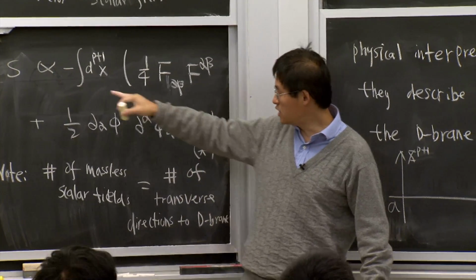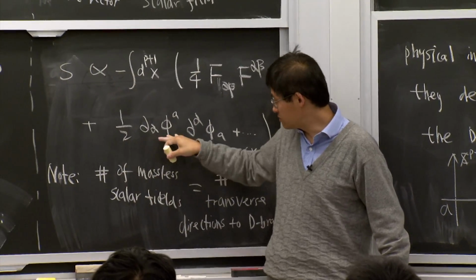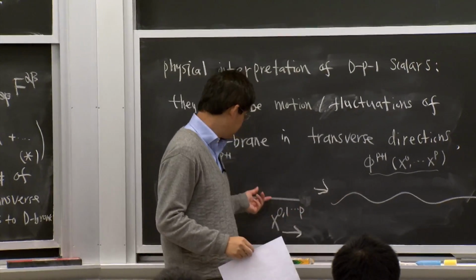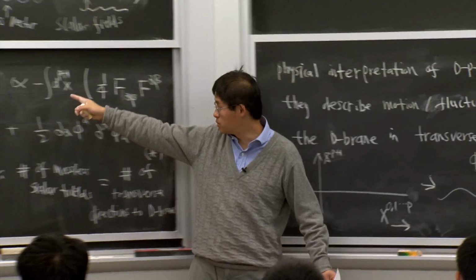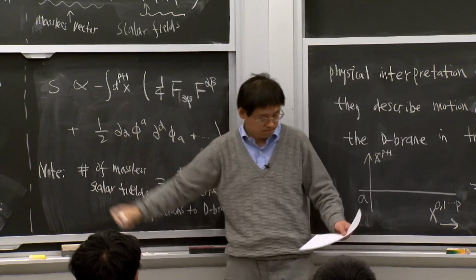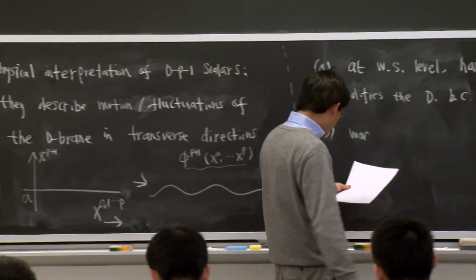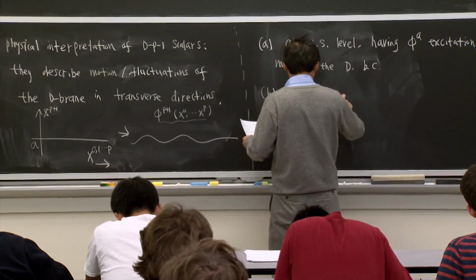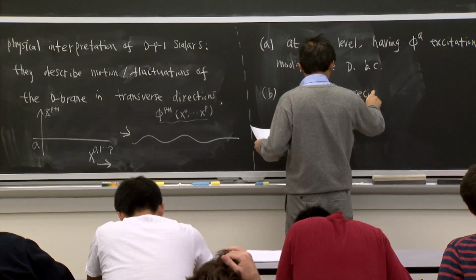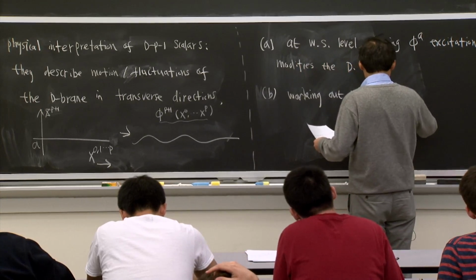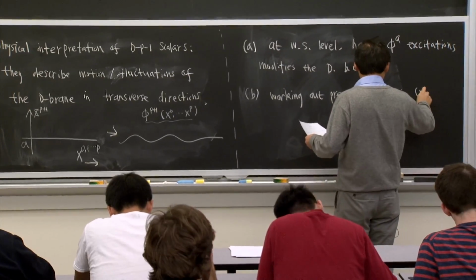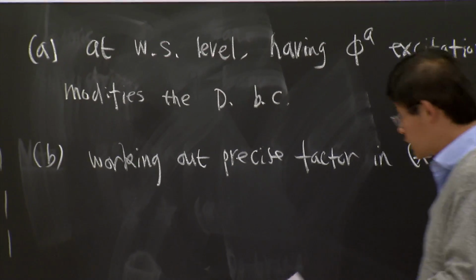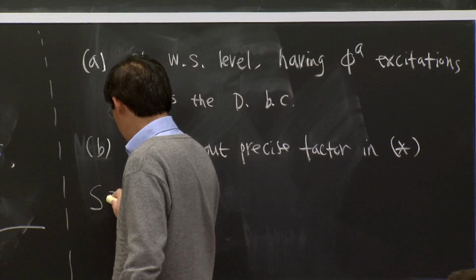But with the interpretation of phi, say, as the fluctuations of this duality boundary condition, you can actually fix the precise prefactor here. You can show that this action can be written as the following.